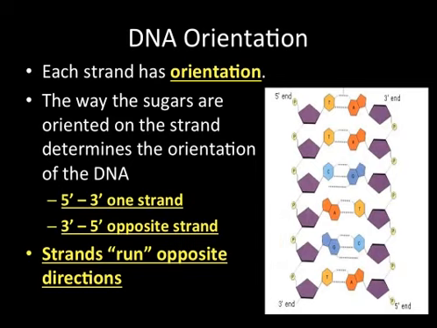However, when we look at the opposite strand, the sugars are running the opposite direction. So the 3' end is on the opposite side of the DNA molecule. So if one end of the DNA strand is 5', the complementary strand, or the strand opposite it, will be 3'. All right, they'll always be opposite of one another. You'll never see two 5' ends together or two 3' ends together. Strands will always run in opposite directions.